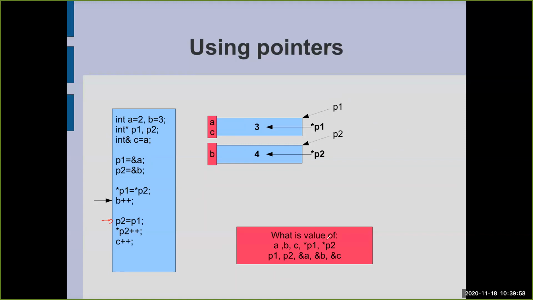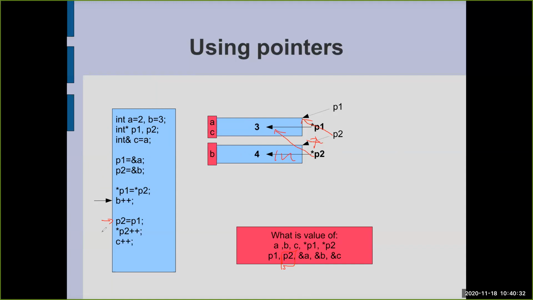P2 points to P1 now, to A and C. So now the value of asterisk P2 is the reference to this cell. So everything which is related to P2, so asterisk P2 or P2 value, is changed. Other elements stay the same.